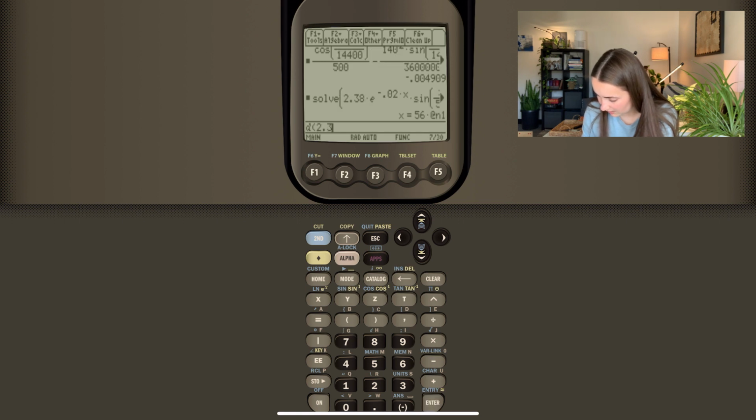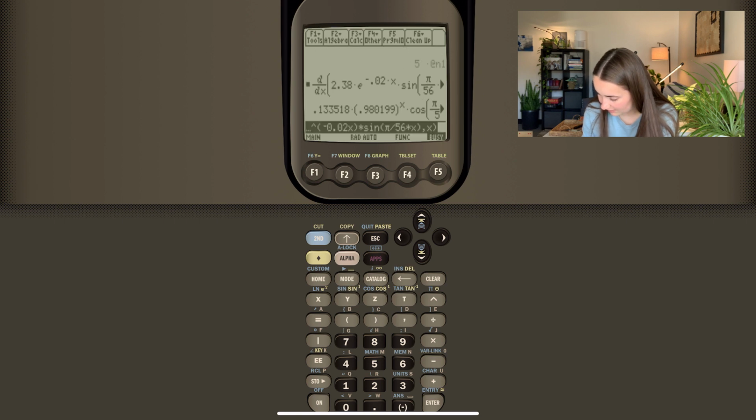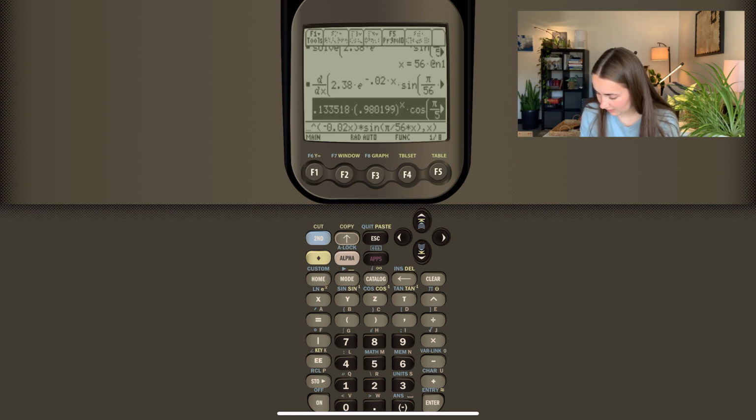So 2.38, and then we're going to do comma x because we're differentiating in terms of x. So now that I found the derivative, I click up, enter, and everywhere I see an x, I'm going to replace it with that value of 60. Okay, and then I click enter.